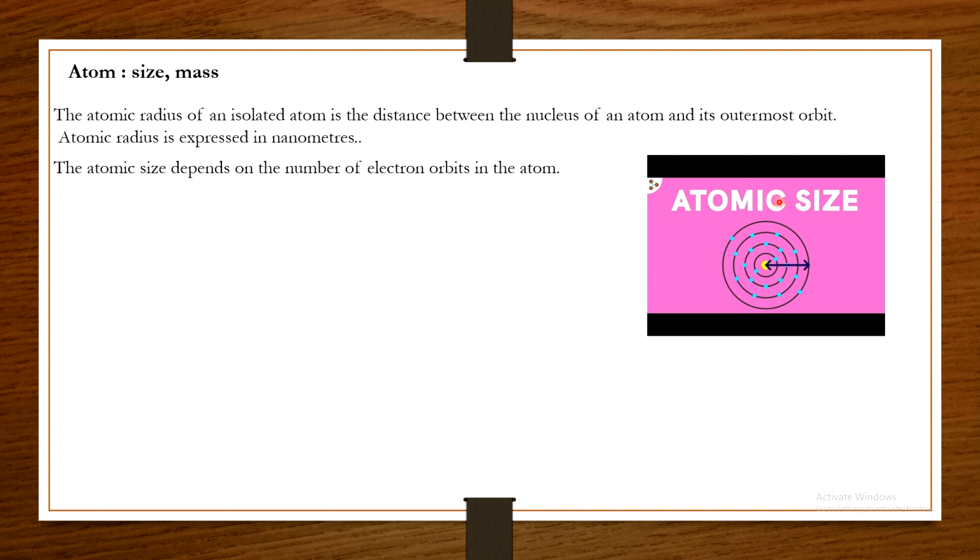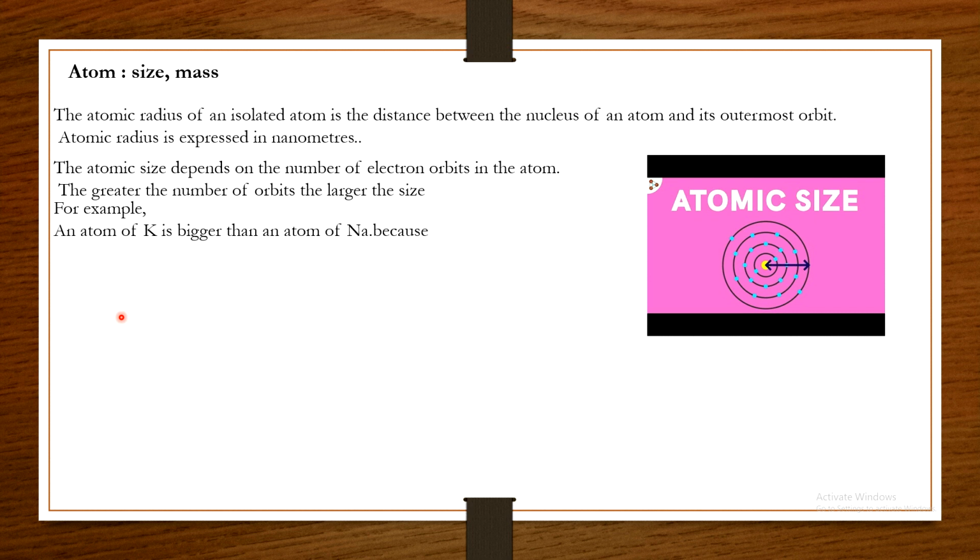Atomic size depends upon the number of electron orbits in an atom. The greater the number of orbits, the greater the size of the atom. For example, take a potassium atom denoted by the symbol K, and sodium, Na.